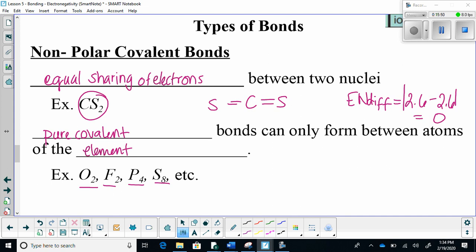Phosphorus, even though there's 4, is bonded to itself. That again will give you an electronegativity difference of 0. So to recap, there are nonpolar covalent bonds, where different types of atoms have a very low electronegativity difference. Pure covalent bonds will have an electronegativity difference of 0, and they are the same type of element connected together.